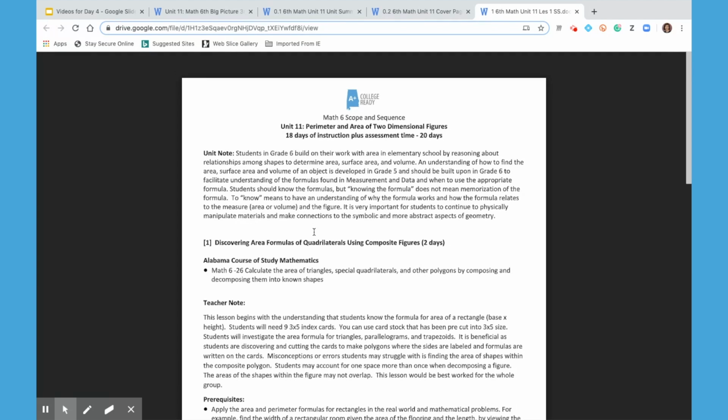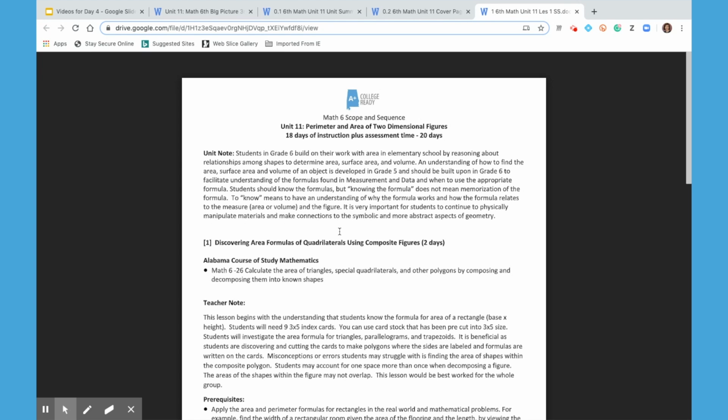Now here's the scope and sequence. I'm going to go down to where it says right here, students should know the formulas, but knowing the formulas does not mean memorization of the formulas. To know means to have an understanding of why the formulas work and how the formulas relate to the measure, area or volume, and the figure.